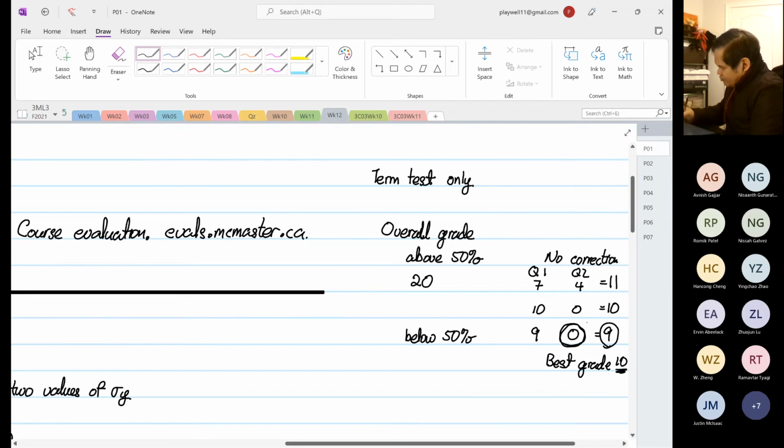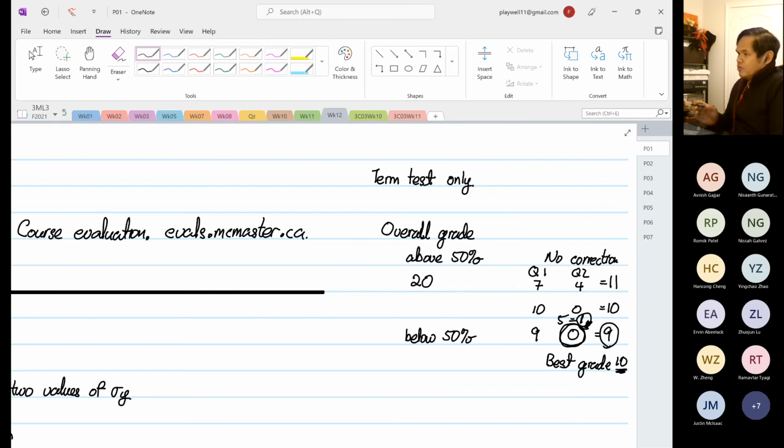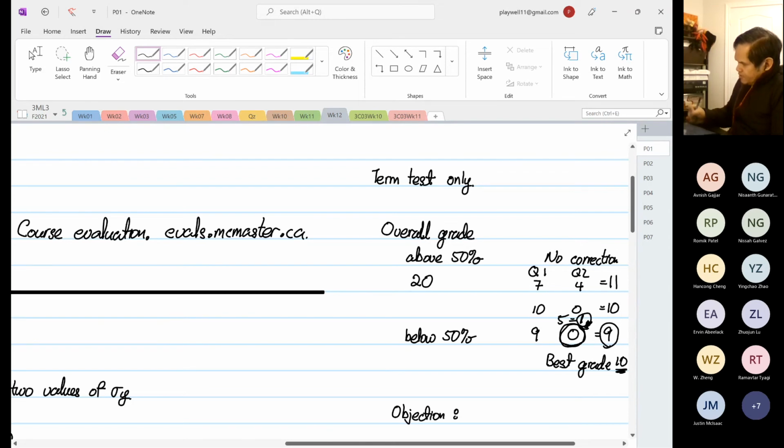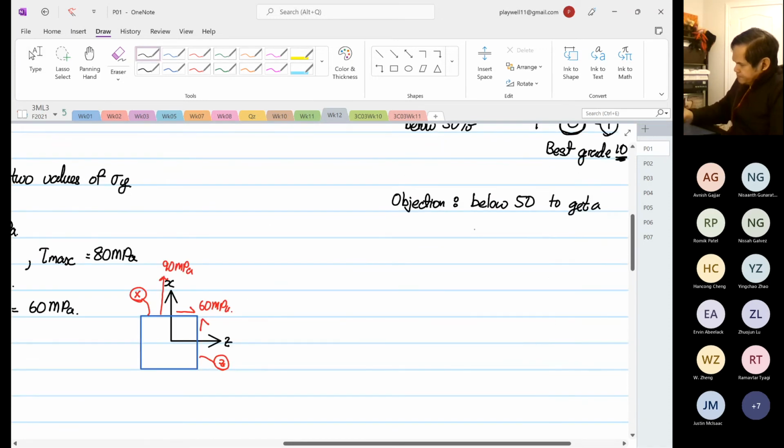So if in this question you just get a 1, or you get a 5, I will only consider 1 mark only. The purpose of the correction is for those that fail. The objective is for those that fail or are below 50% to get a maximum of 50% after correction.